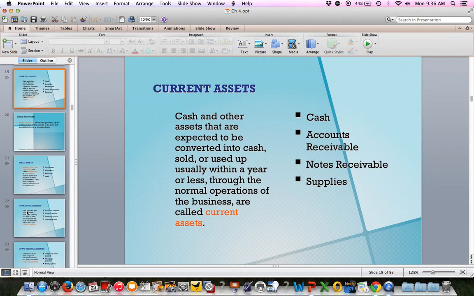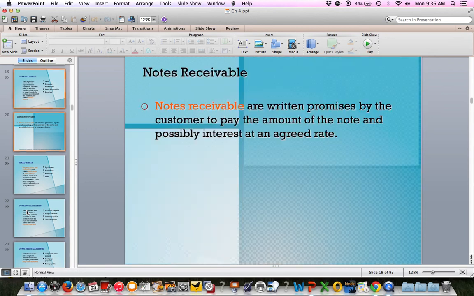There's lots of examples of current assets. There's just a few right here. And you can see that we've got cash, receivables, note receivables, and supplies are some common ones. A note receivable is typically an amount borrowed from a bank. Sometimes you can have a note receivable from a supplier that you're buying on account from.